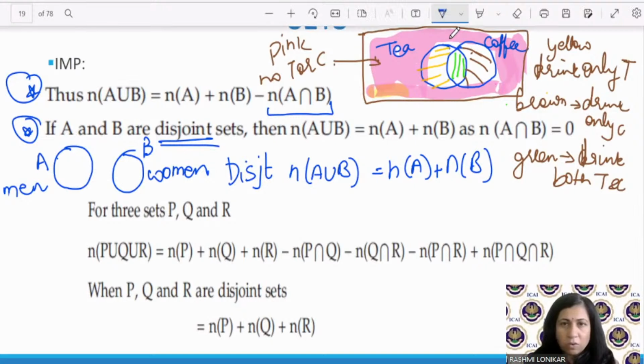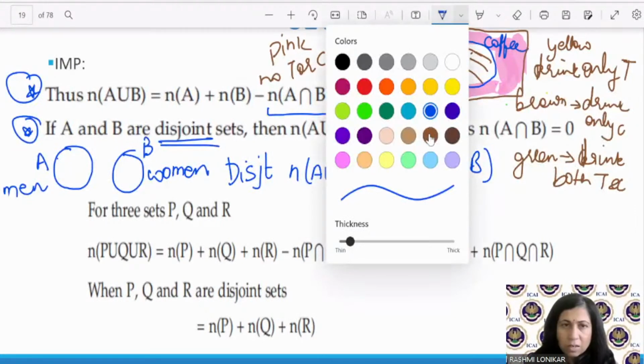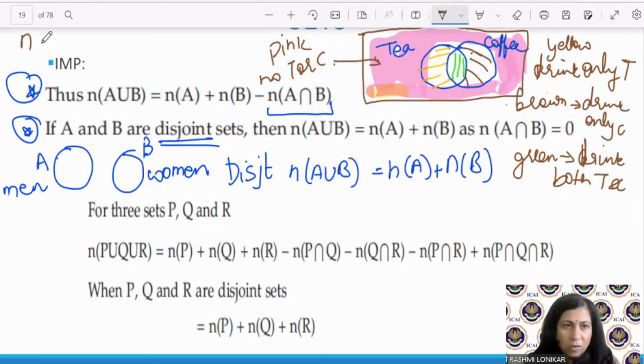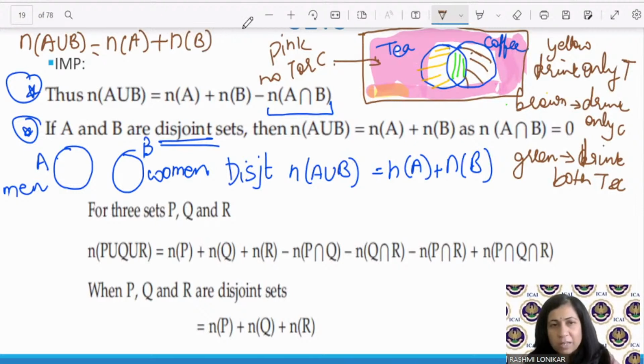So the formula is N of A union B. That is, how many elements will be there in A union B? It will be equal to N of A plus N of B, elements of A plus elements in B, minus elements which are common to both.